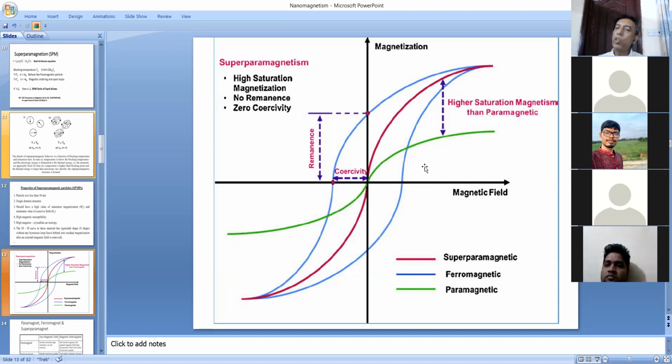That is the difference between a superparamagnetic substance and a paramagnetic substance.